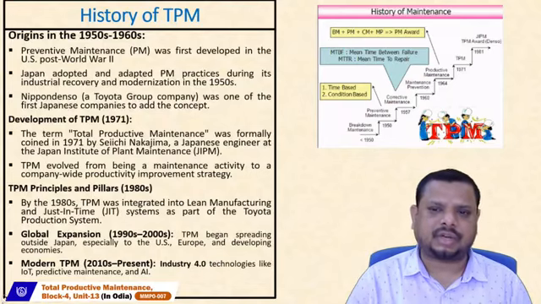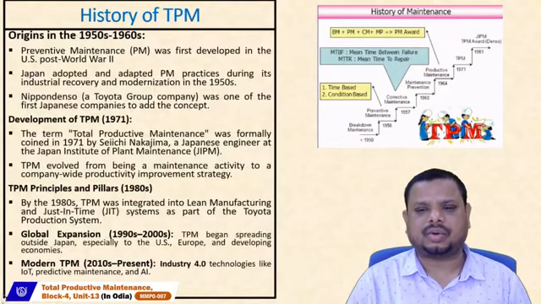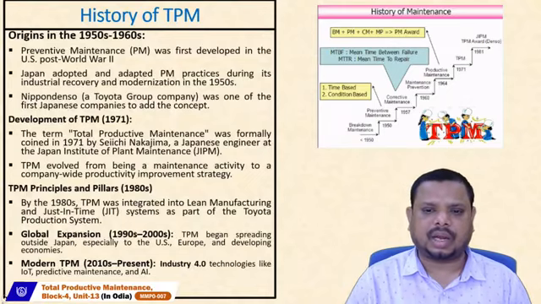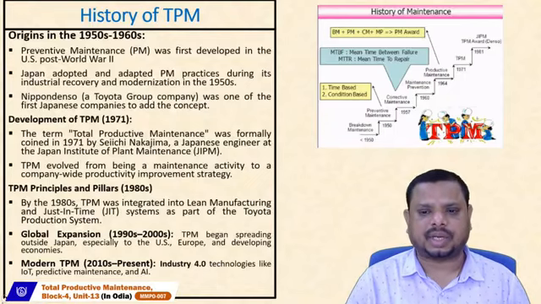If you observe the history of maintenance, during the 1950s breakdown maintenance was introduced. Again, in the 1950s, preventive maintenance was introduced, and under preventive maintenance the focus was on time-based maintenance and condition-based maintenance.